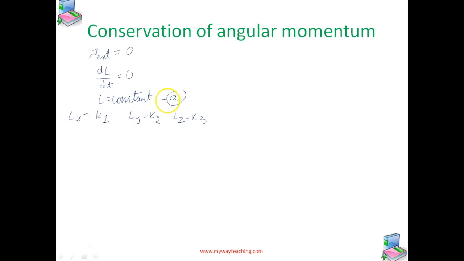Okay. So this equation, that is L is equal to constant, is the rotational analog of the equation that we studied before in dealing with momentum of particles.